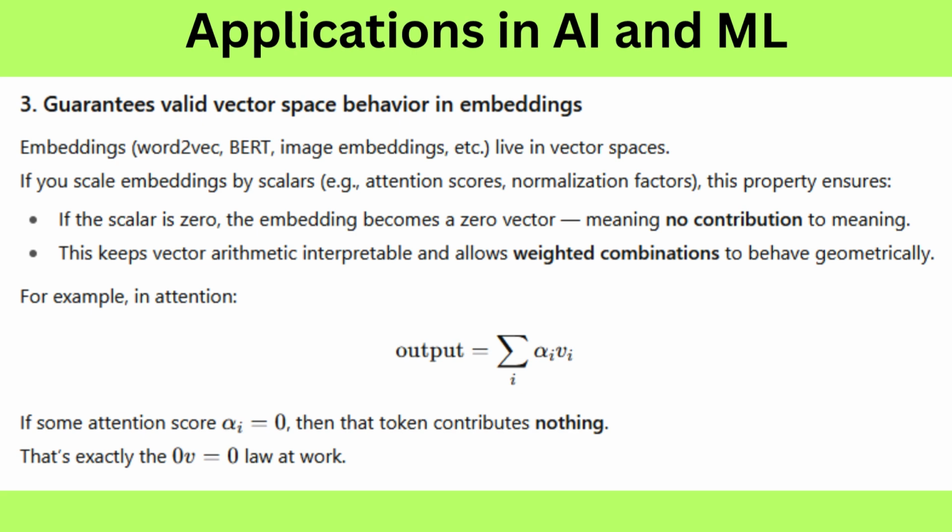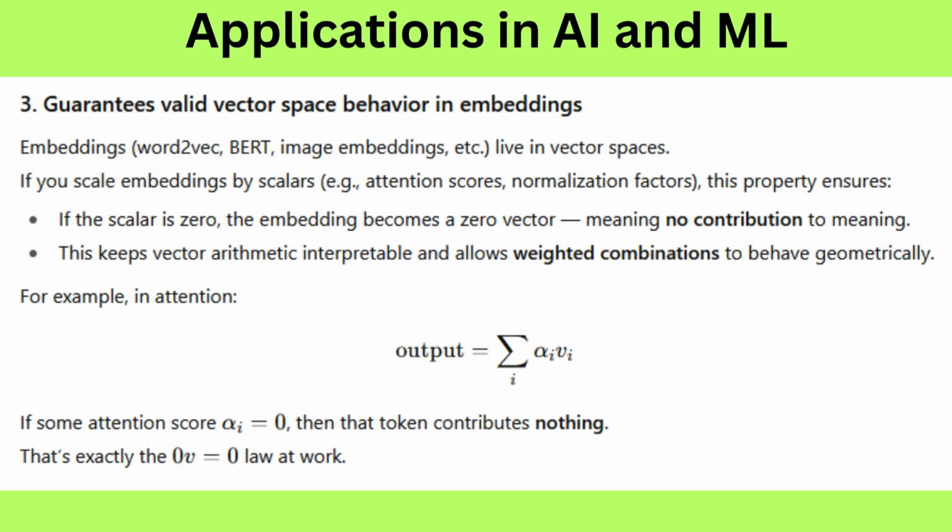Number three, it guarantees valid vector space behavior in embeddings. Embeddings such as word2vec, and image embeddings, live in vector spaces. If you scale embeddings by scalars, e.g. in attention scores or normalization factors, this property ensures that if the scalar is 0, the embedding becomes a zero vector, meaning no contribution to meaning.